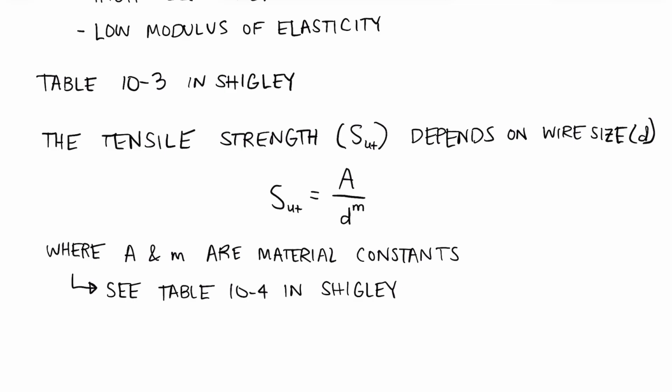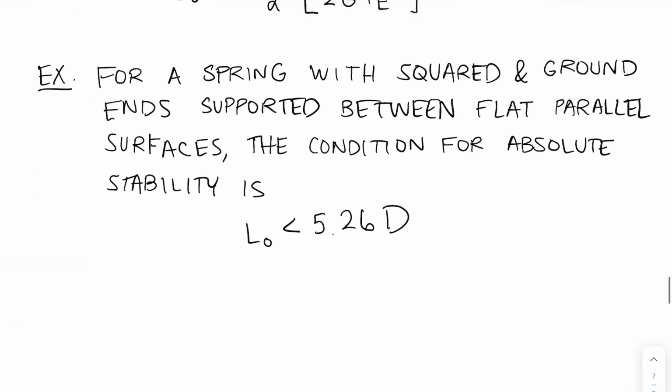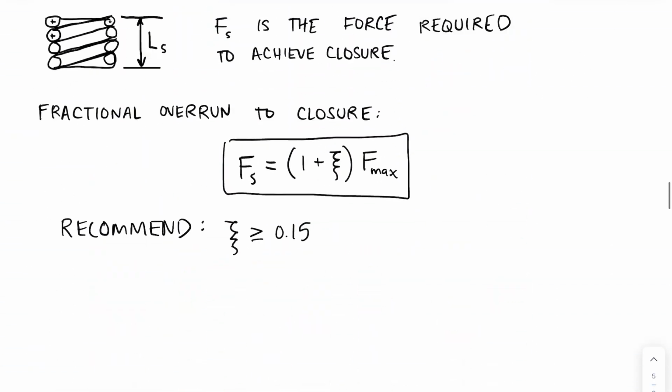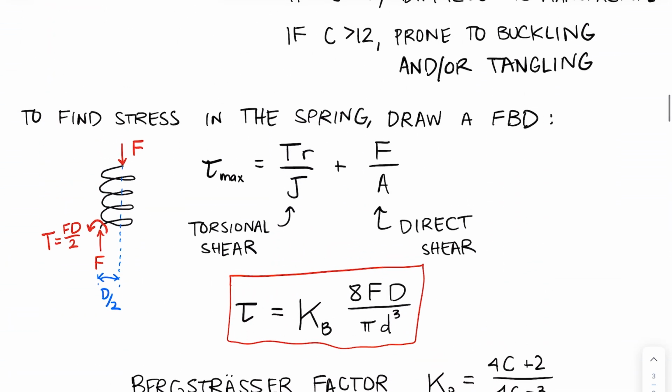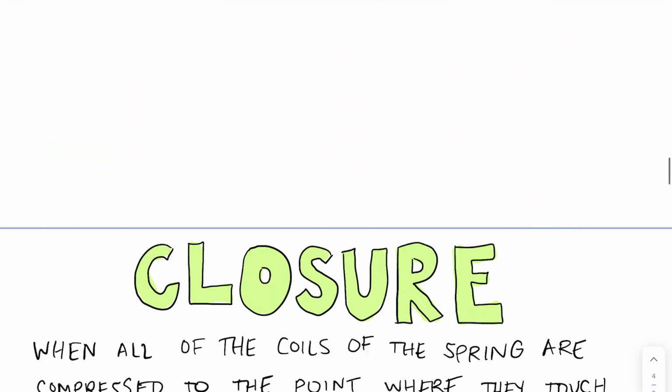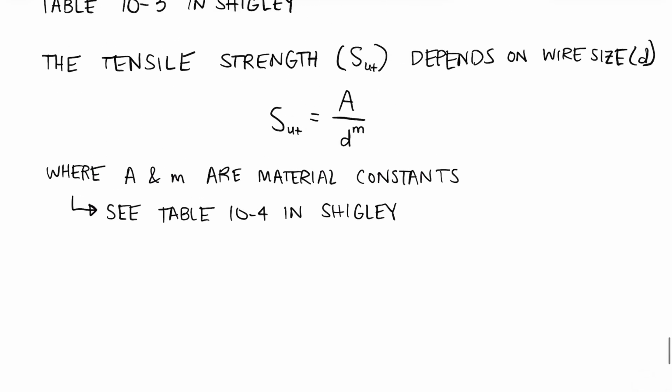The other strengths that we would like to know are the yield strength and the torsional yield strength, because remember when we talked about estimating stresses in our spring material, let's find where that equation is. Our stress in the spring is largely a shear stress, and so we need a torsional yield strength to compare this torsional yield stress. And those values can be found in another table.